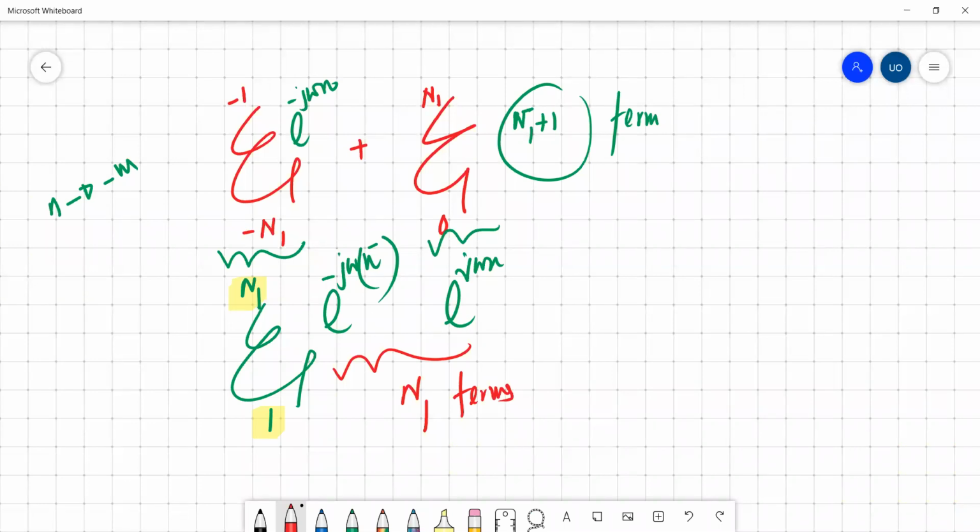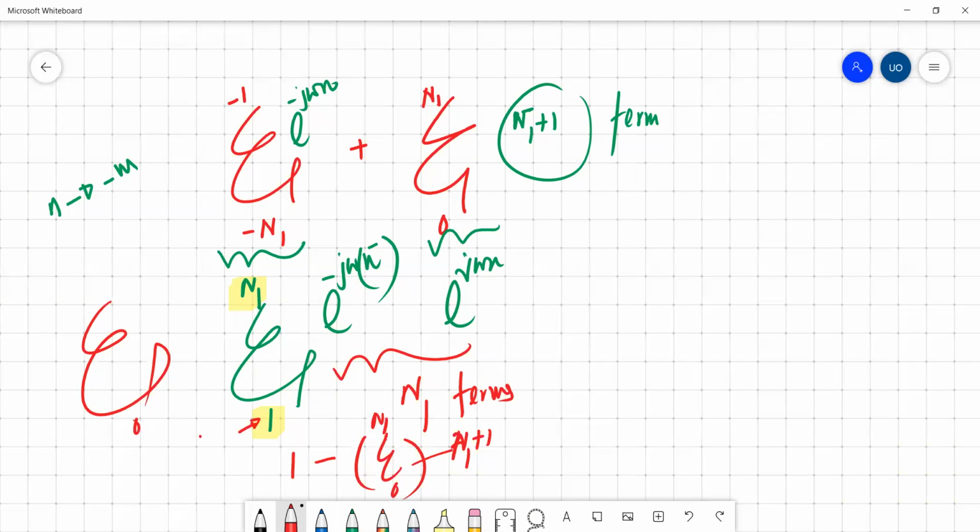So if you apply it, it should be like 1 minus this sum, the sum 0 to n1, so we have n1 plus 1 terms like in the other sum. You have 1 minus there because this starts from index 1, while the standard geometric series starts from 0 to some n value.